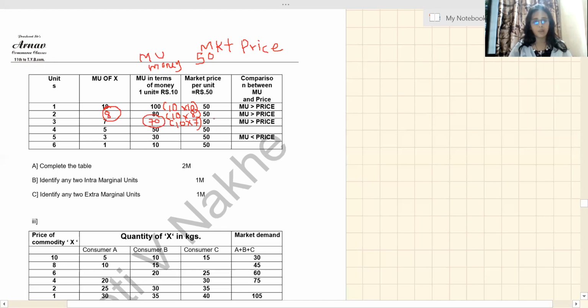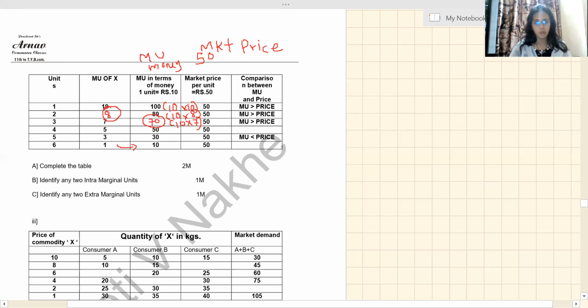And here one more fill in the blanks is there. See, 5 into 10, 50, 3 into 10, 30, 1 into 10, 10. And here this market price is fixed. Now you can see 100, 50. Your MU is more than market price.